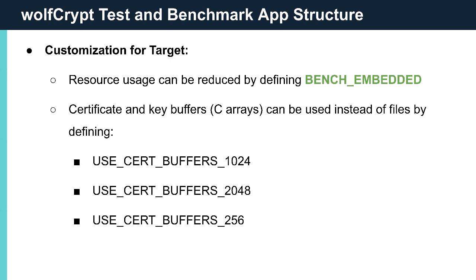That'll cause the test and the benchmark to use certificate buffers instead of files. The 1024 one is using RSA 1024, 2048 is using RSA 2048, and the 256 one is using ECC P256.